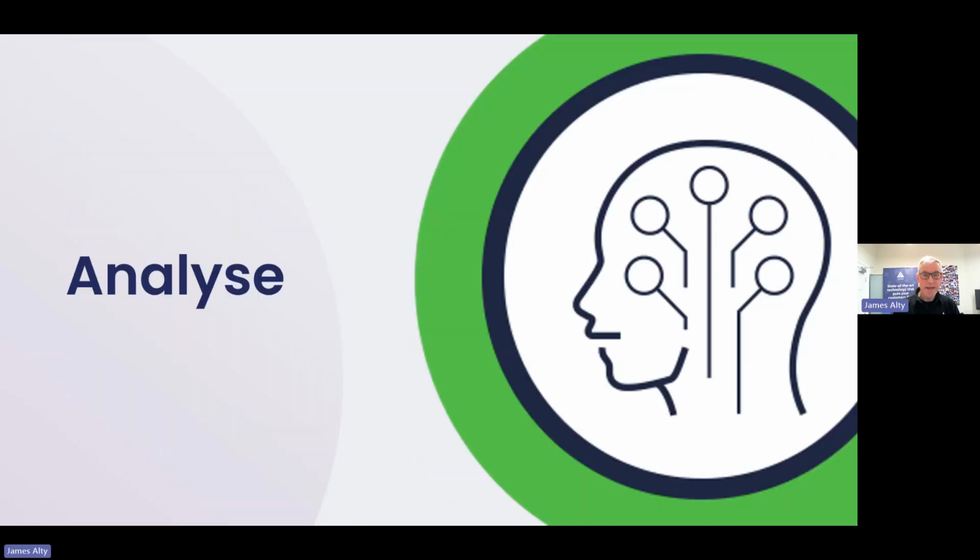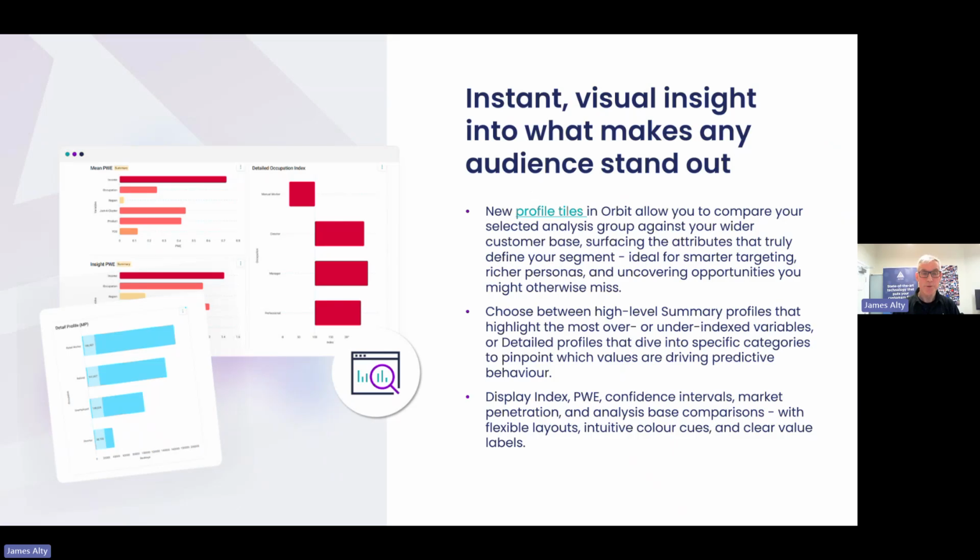In the analyze area, I've mentioned profile tiles. There are two types. I demoed them at Apteco Live. You can provide detail or summary tiles. Summary tiles might be used to see a summary of the predictive power or the ability to measure the characteristics by certain variables, or by the categories of those variables.